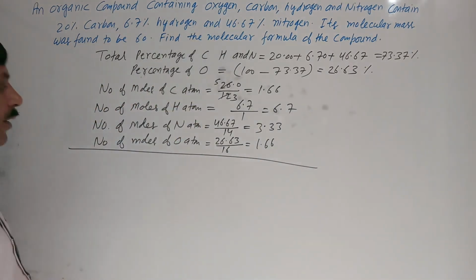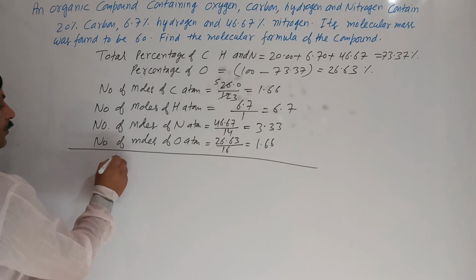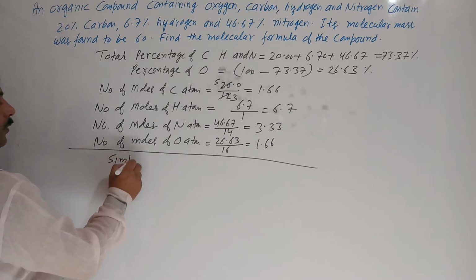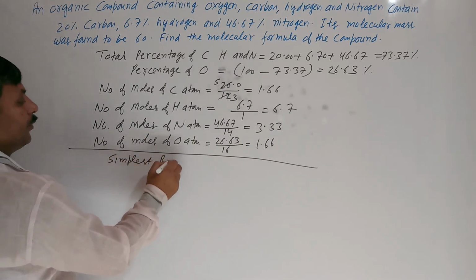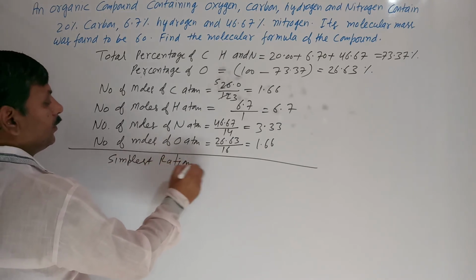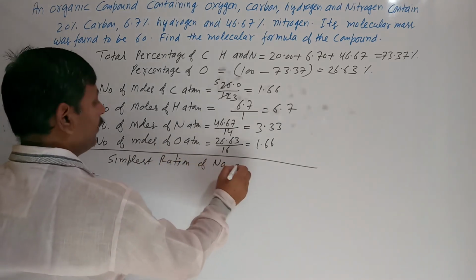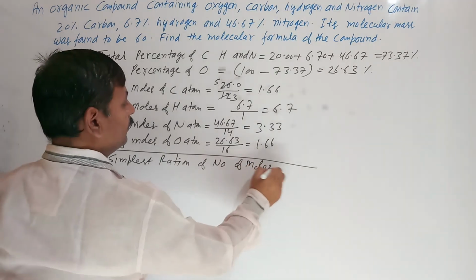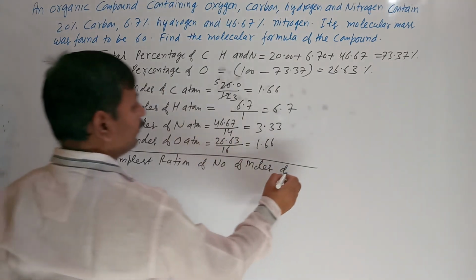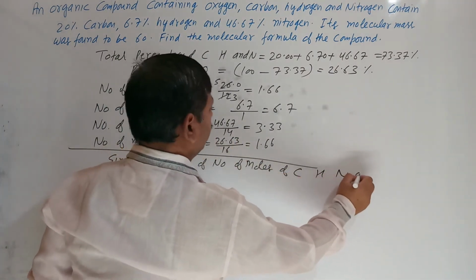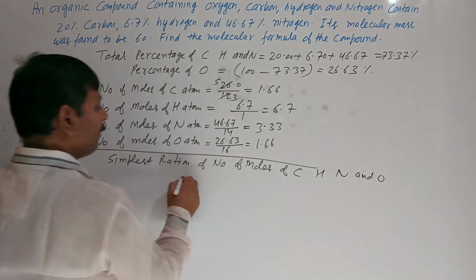What will be the simplest ratio of the number of moles of carbon, hydrogen, nitrogen and oxygen?